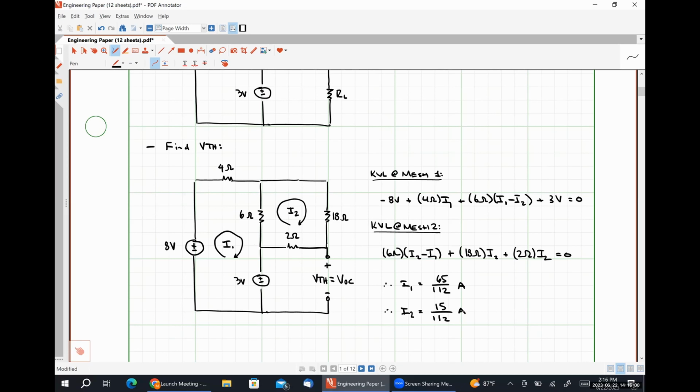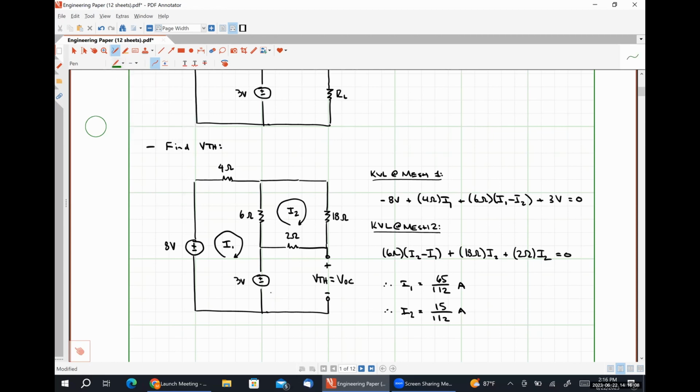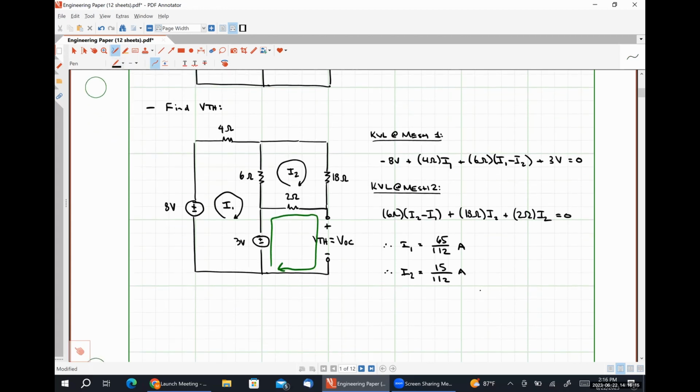So now that I know these mesh currents, I need to figure out how to determine the voltage VTH. What I'm going to do, now that my mesh currents are known, is write a KVL equation around this path. So I'm going to write KVL at bottom right.